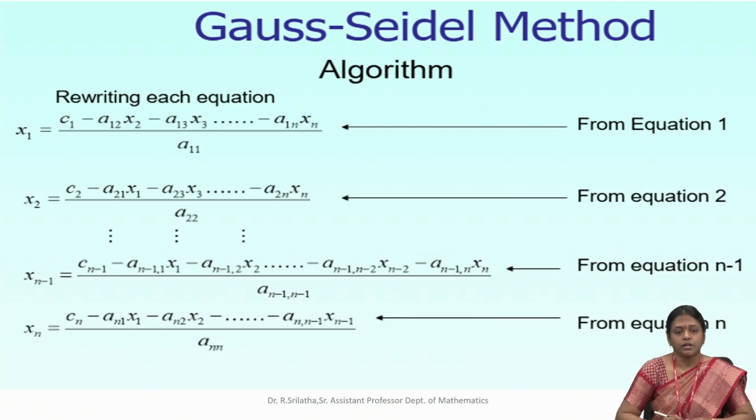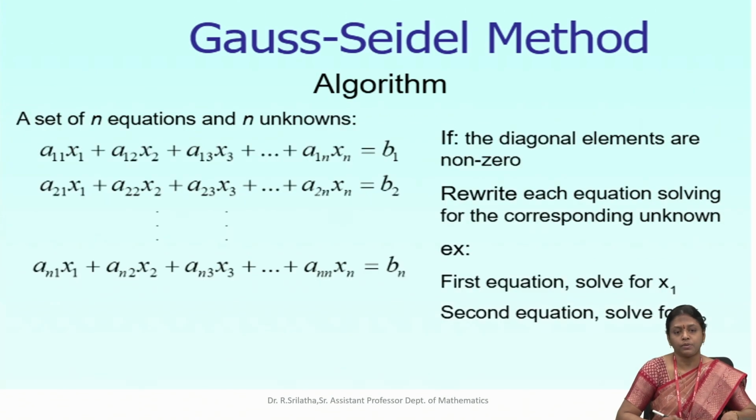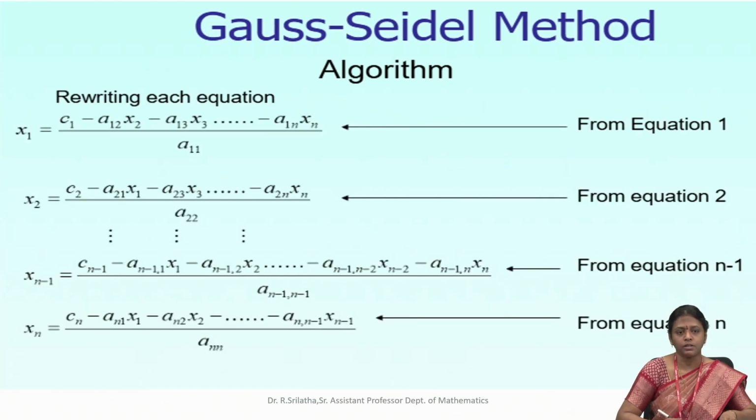Now, how do we extract these unknowns with the help of this system of n equations? We can write x1 equals b1 minus a12 x2 minus a13 x3 and so on up to a1n xn, whole divided by a11.